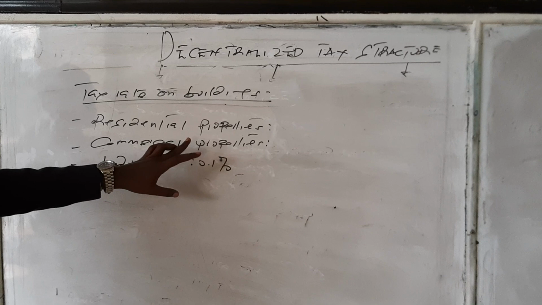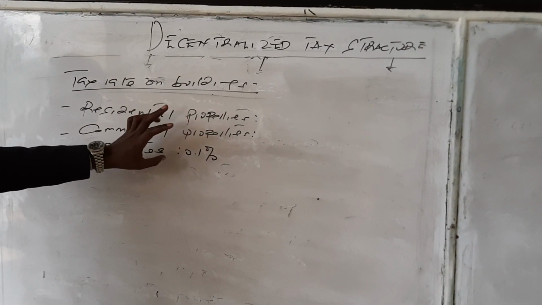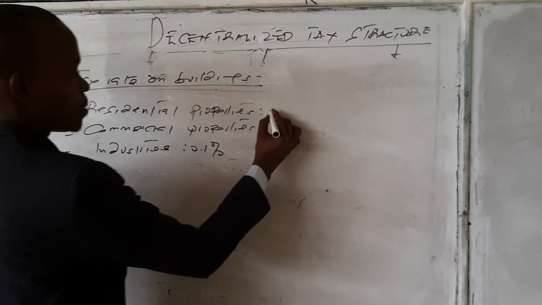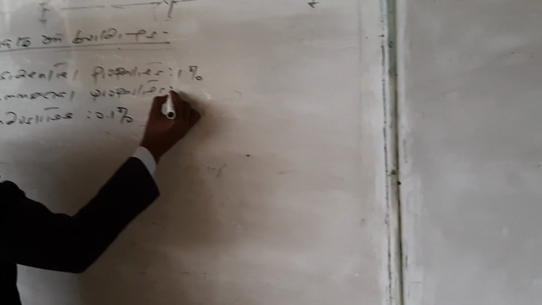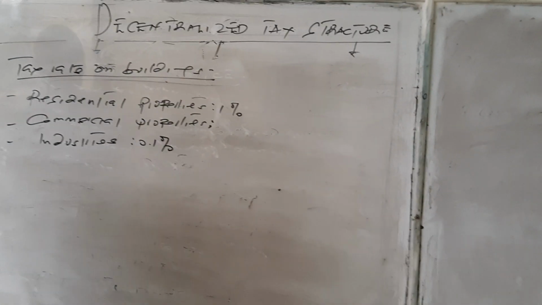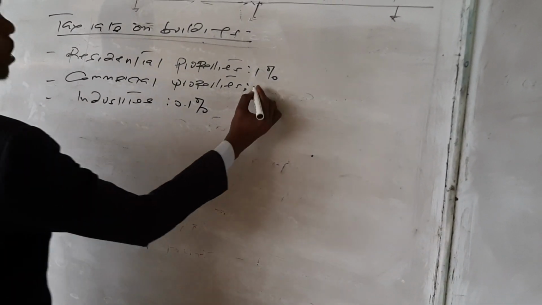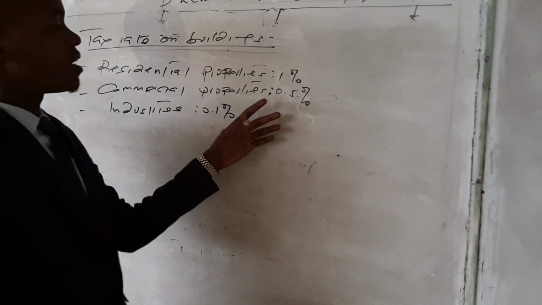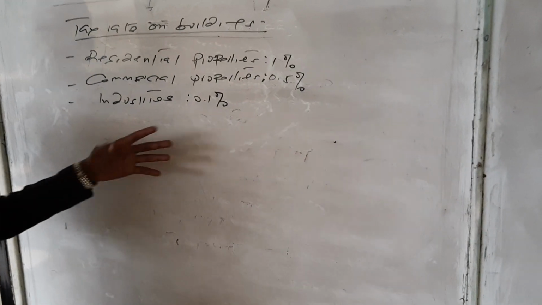For the residential house, you need to pay 1%. For commercial properties, it is 1.5%. But these rates are paid progressively.